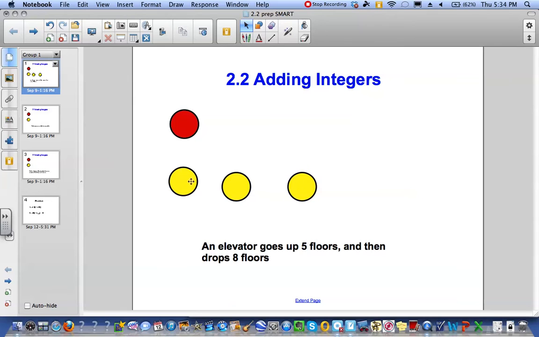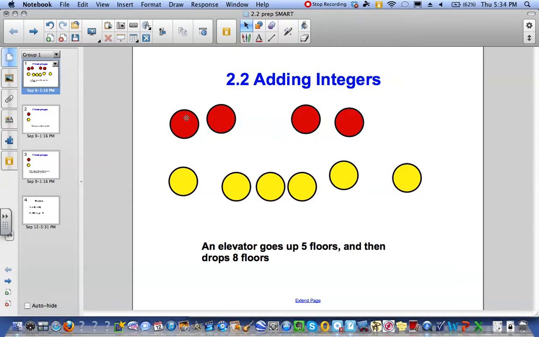So 1, 2, 3, 4, 5, and then drops 8. So 1, 2, 3, 4, 5, 6, 7, 8. So we have positive 5 plus negative 8.